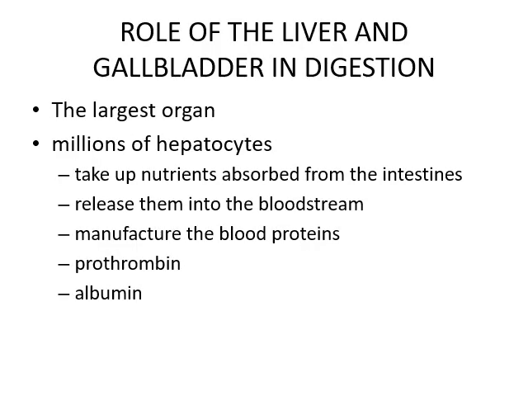Role of the liver and gallbladder in digestion. The liver is the largest organ and contains millions of hepatocytes, the liver cells. They take up nutrients from the intestine, release them into the bloodstream, and manufacture blood proteins, the blood clotting protein prothrombin, and albumin.